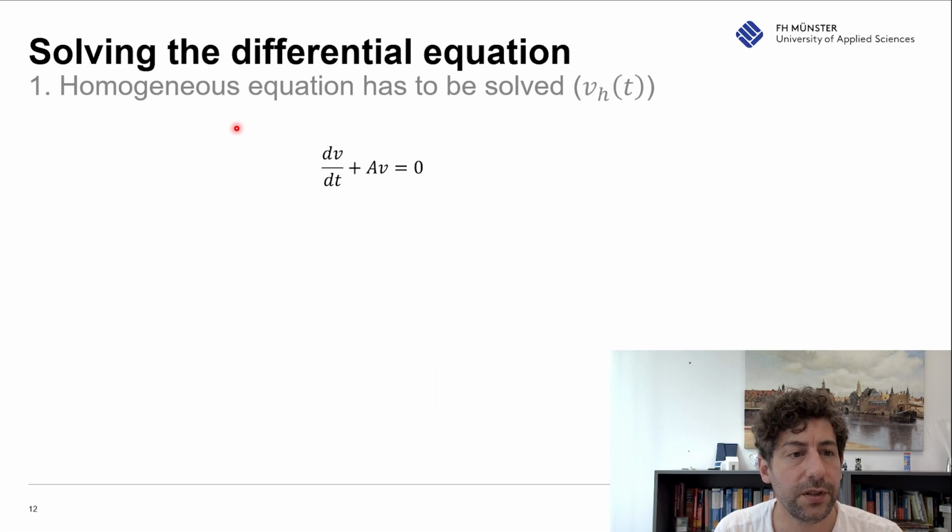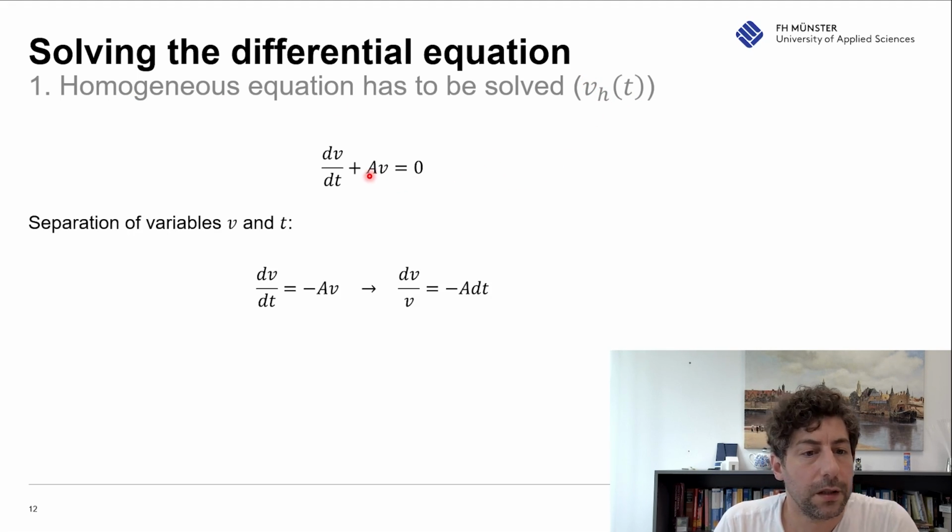So first we make a homogeneous equation out of it, and this has to be solved. And this means we have to solve for v, the velocity, which depends on the time, right? But we change the equation a little bit, so now it equals 0. This is called the homogeneous equation, and therefore we get the index velocity h, velocity homogeneous.